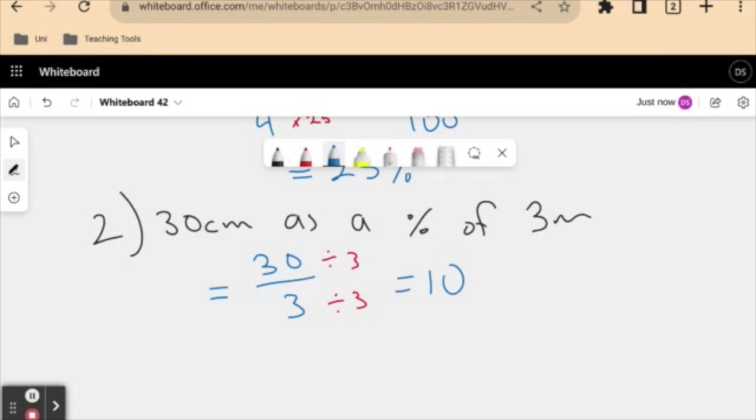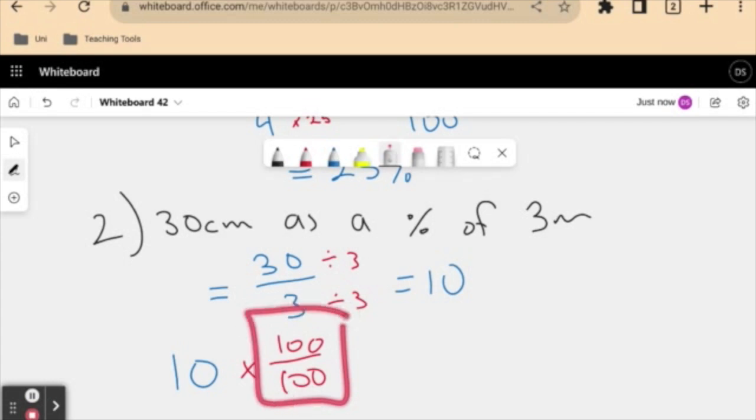Now, I want to get this as a percentage, and we especially saw this with decimals, we can do it with whole numbers as well: to change anything into a percentage, we need a denominator of 100, but we also can't change the value of the number, so we want something to the effect of multiplying by 1. So that's like saying 10 multiplied by 100 over 100, because this process will give me a denominator of 100 to be able to read this off as a percentage.